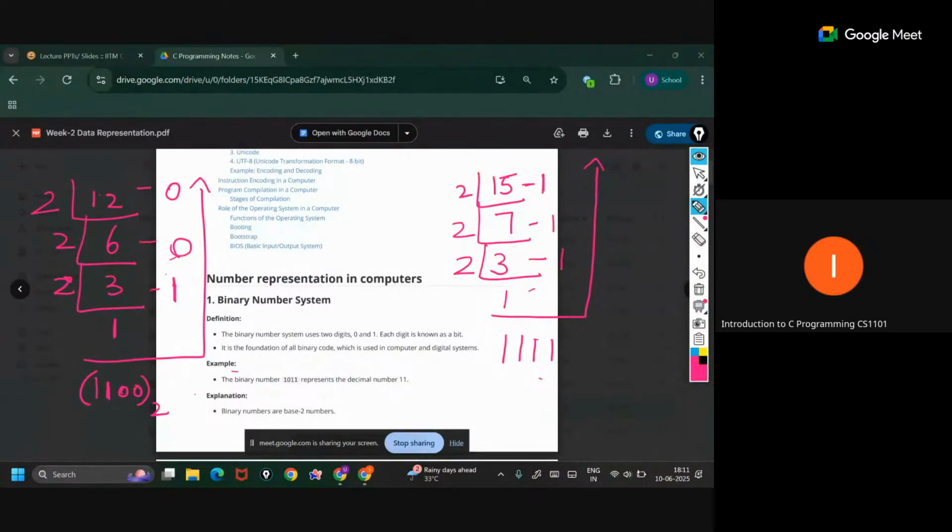Is it clear now, people? Yes, ma'am. If you want to check it, you can make this notation. Generally, the numbers are 1, 2, 4, 8, 16, and then 32, 64, and it goes on. So now I have to fill 12. So how to fill 12? First I'll check it with 16. On checking with 16, is 12 greater or lesser?